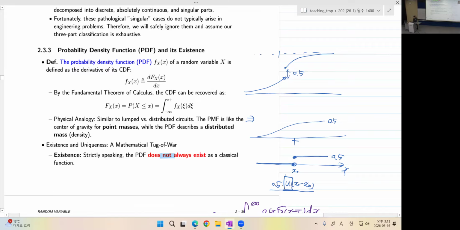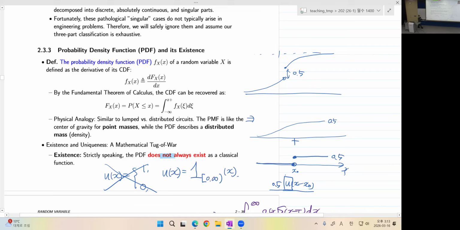So this is the unit step function you learned, I hope, in your signals and systems class. Let me define it. I'd better write it this way: u of x is the indicator function of x.